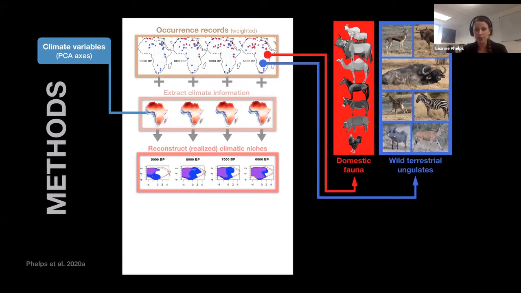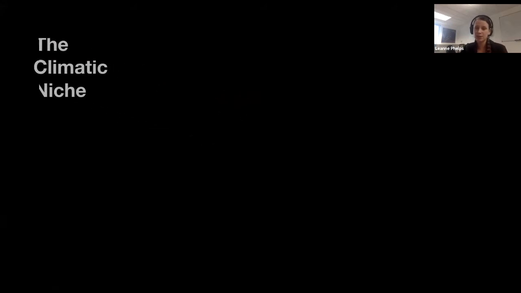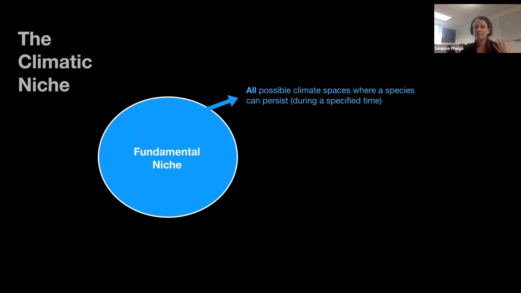I'm going to be talking quite a bit about the climatic niche and climate space. And if you're not familiar with this side of things, it can get a bit ambiguous. So I'm just going to give you a quick background on what I'm talking about when I say climate space and the climatic niche. There's this very fundamental niche theory where if you have an organism, there are different climatic spaces where this organism can actually live. Say, for example, there are specific places where this cow could live.